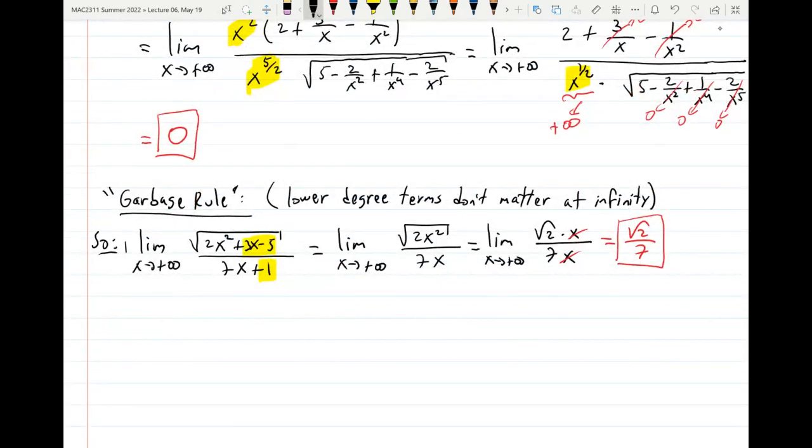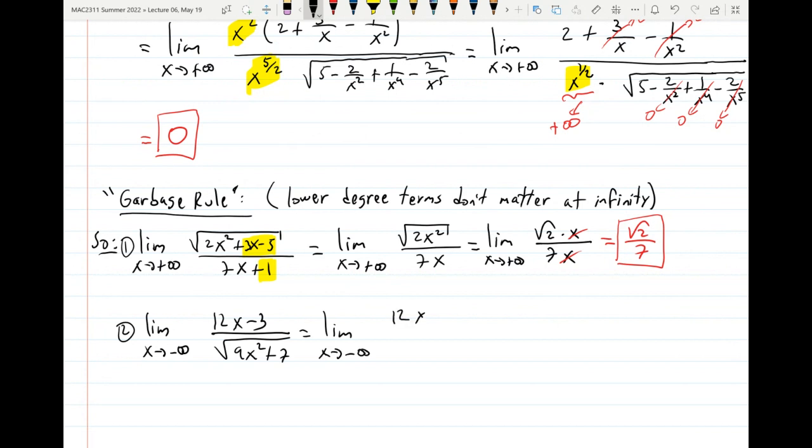So for the other one, it was the limit as x approaches negative infinity of 12x minus 3 over the square root of 9x squared plus 7. Again, using our garbage rule, we discard the negative 3 on top, and we discard the 7 in the bottom.